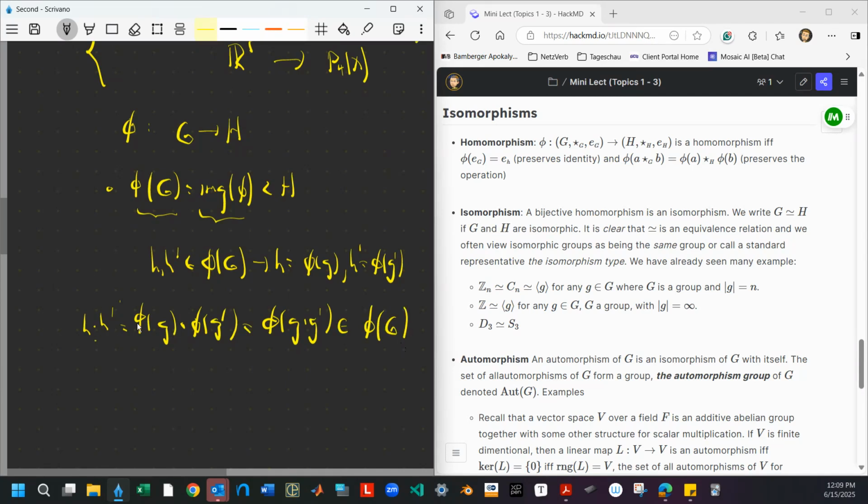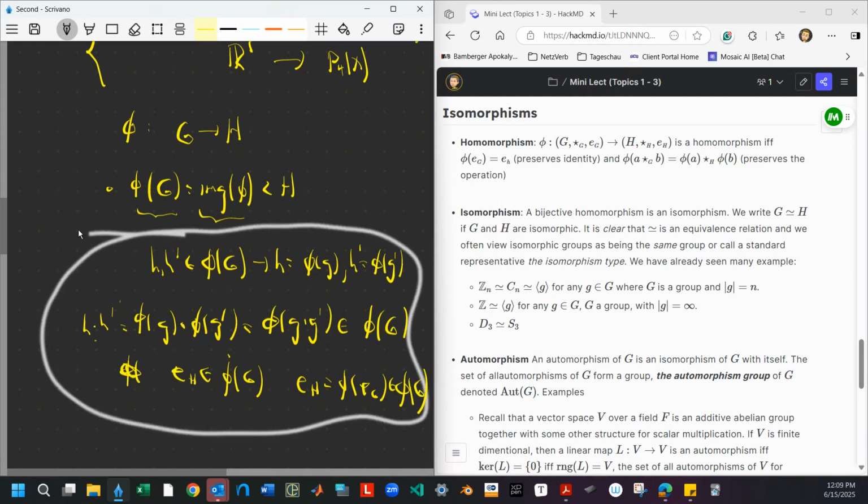So h times h prime in H is in phi of G. So I showed that phi of G is closed under products. That's one thing we need to show. And we need to show that e_H is in phi of G. But that's clear because part of what we're assuming is that e_H is phi of e_G. So clearly that's in phi of G. Okay, so that's a subgroup.